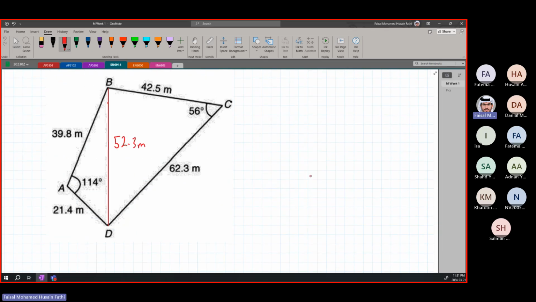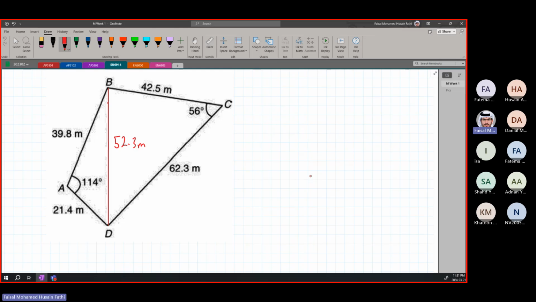Okay? We're looking at the left triangle now. What is the perpendicular height? The perpendicular height is the line from A all the way to here, which is perpendicular. Okay? This is the perpendicular height. Before we even find the perpendicular height, we need to find these two angles over here.